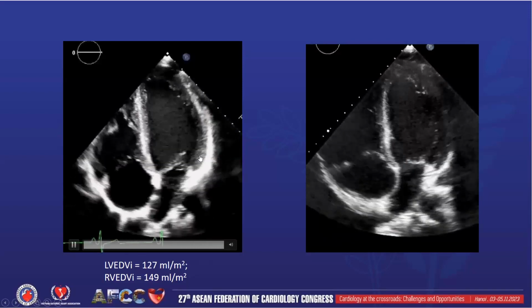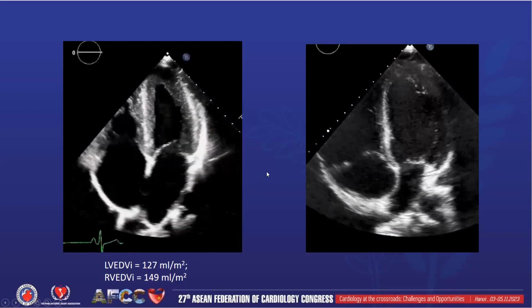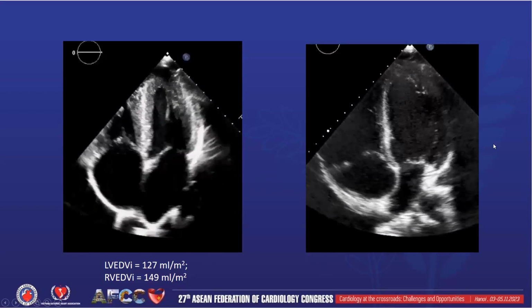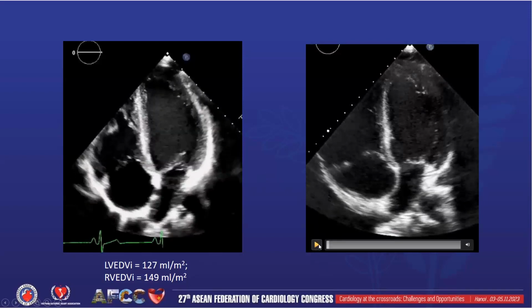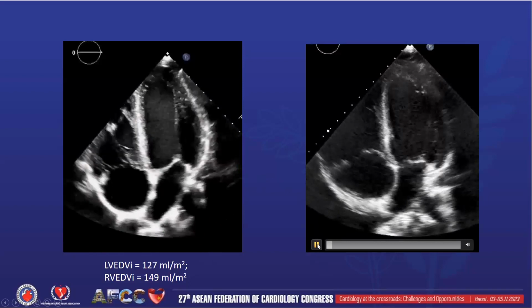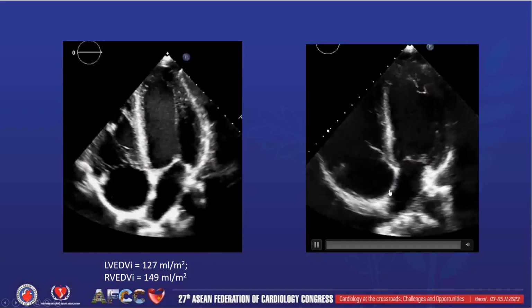So if you didn't do the quantification, you'd think this is pretty normal, but in fact, he's got four-chamber enlargement. And then on the right here, this is an individual who isn't playing right now, who was a national champion level sprinter, who had more RV enlargement than LV enlargement, perhaps because he wasn't engaging in as much endurance exercise.